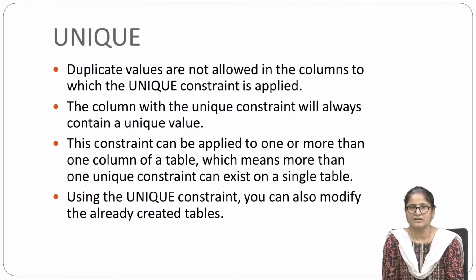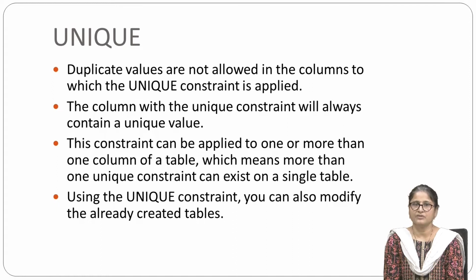Now the second one is the unique constraint. Sometimes you would like duplicate values not to be allowed in a column. It is possible with the use of the unique constraint. Using a unique constraint, you will have unique values in the particular column only.